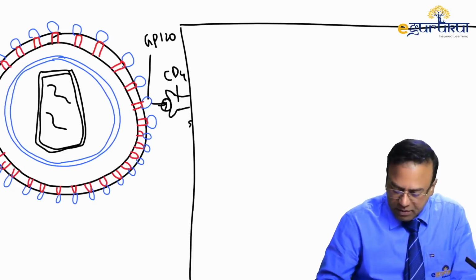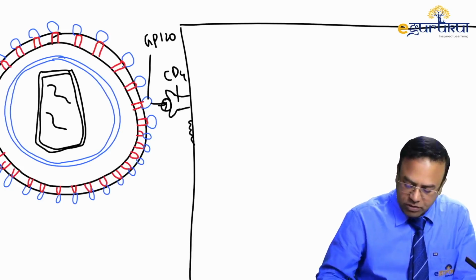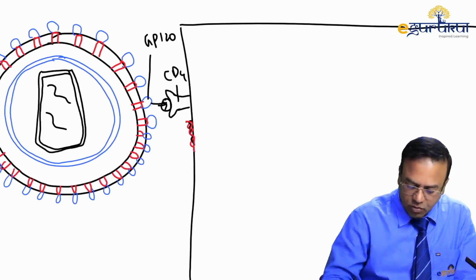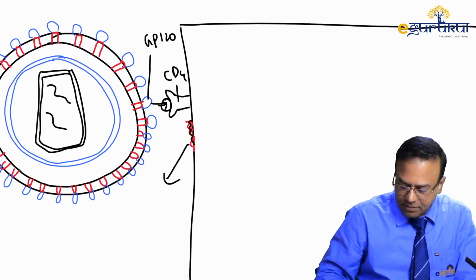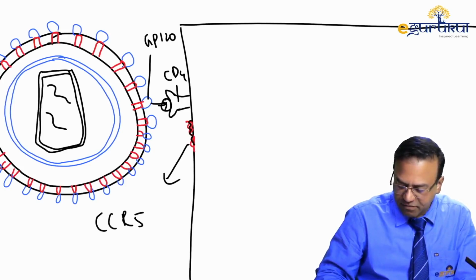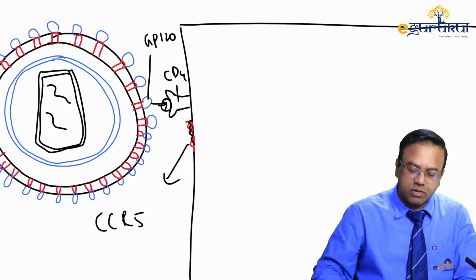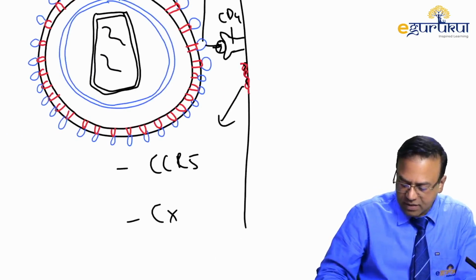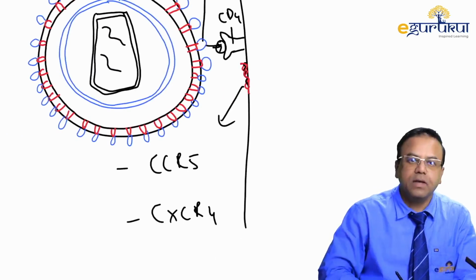This co-receptor is CCR5. Now there are two major co-receptors that one should be aware of. One is known as CCR5 and the other is known as CXCR4.